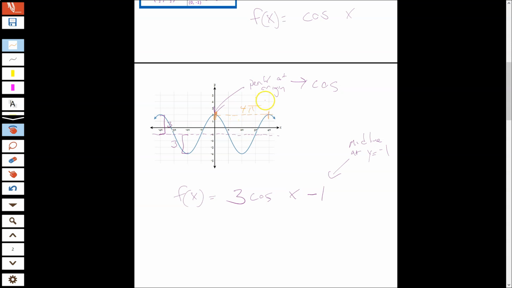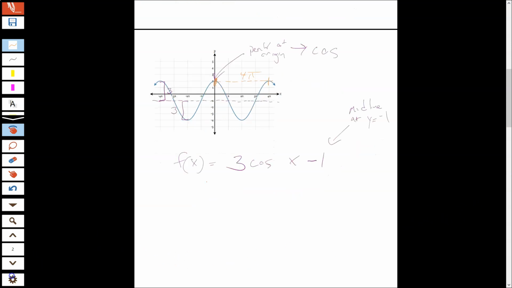Okay, so there's a couple of different ways you can think of this. What I like to do is I like to use a little formula. Actually, I think it's the easiest way. So my formula is going to be 2 pi divided by the period, and that's going to go right here.